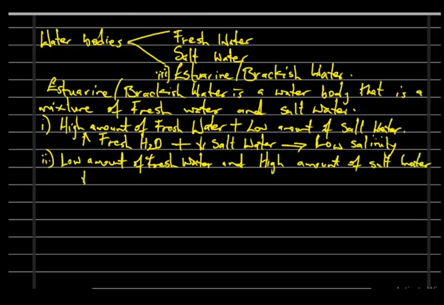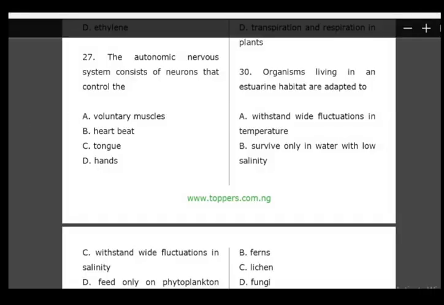In this one here, let me depict it this way: low amount of fresh water plus high amount of salt water. In this condition here, we will be having high salinity because we find out that the amount of the salt water is more than the amount of the fresh water. So the salinity in that environment is going to be high. So basically that is what estuarine habitat is talking about.